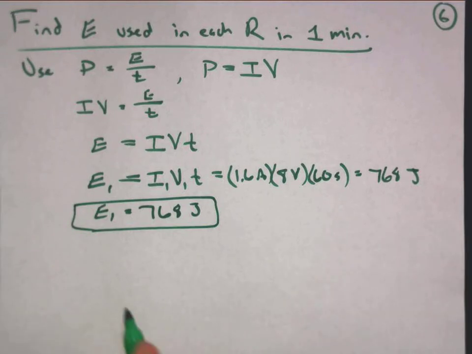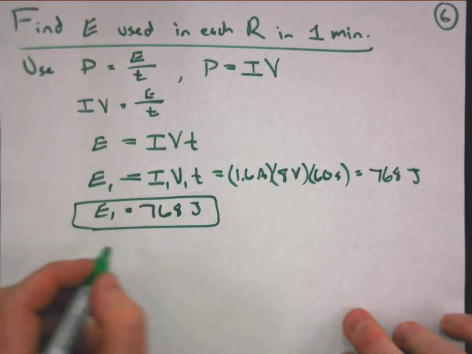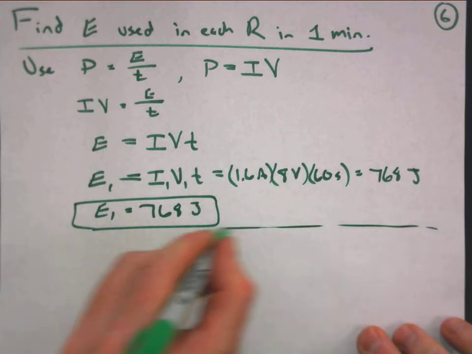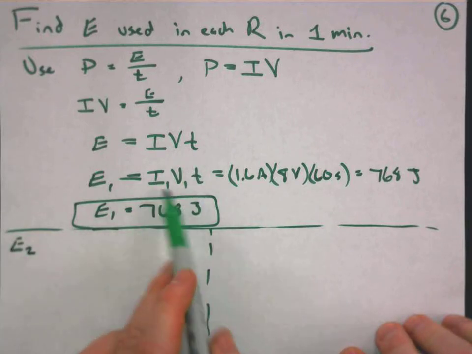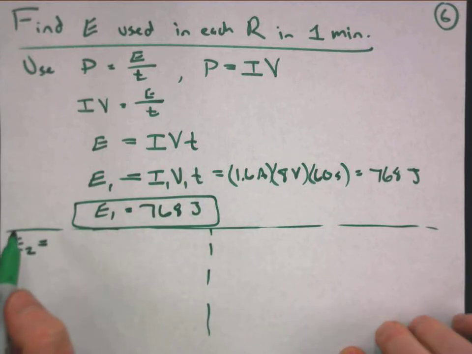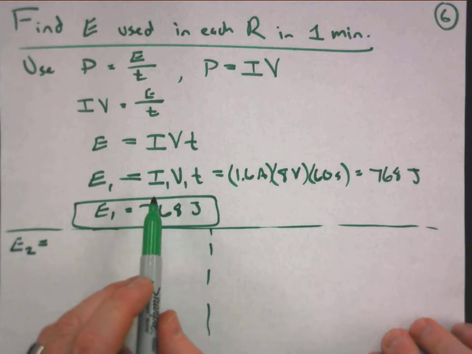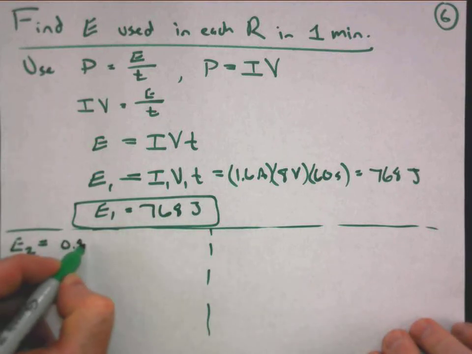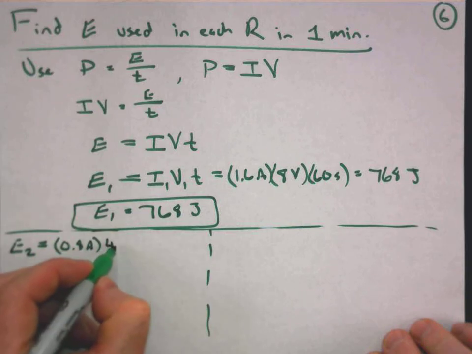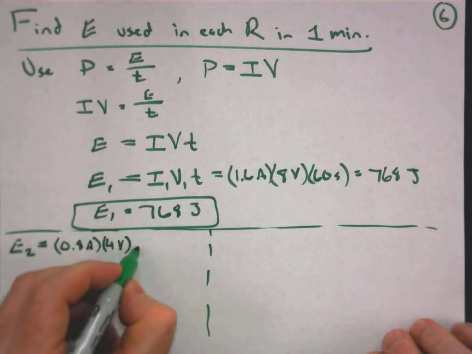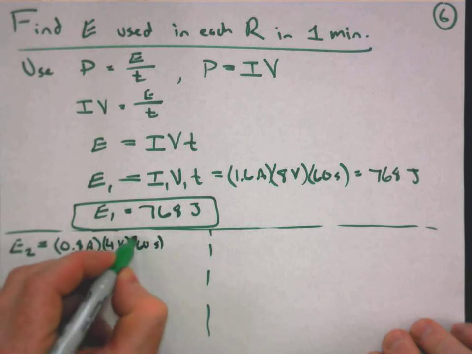Box. Okay, I'll do the same thing for the other 2 resistors. I'm going to see if I can squeeze it all on one paper here. I divided the space so I have organization. So E2, I'm going to use the exact same equation. The current through R2 was 0.8 amps, and the voltage drop of R2 was 4 volts. And the time is still 60 seconds.